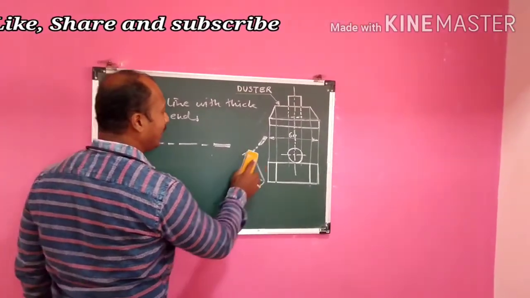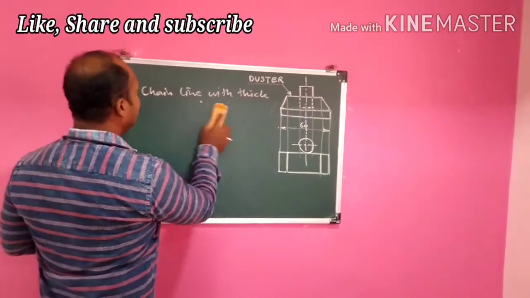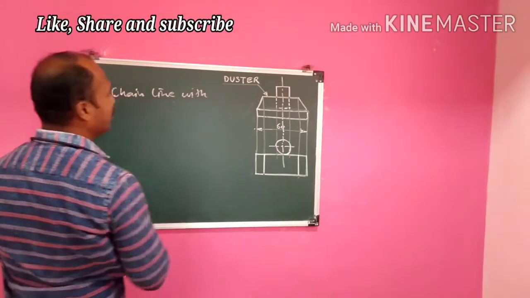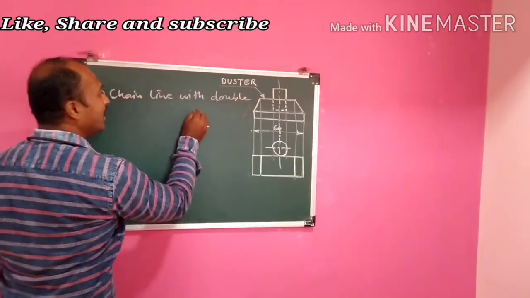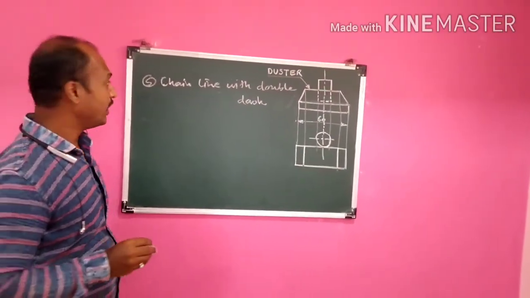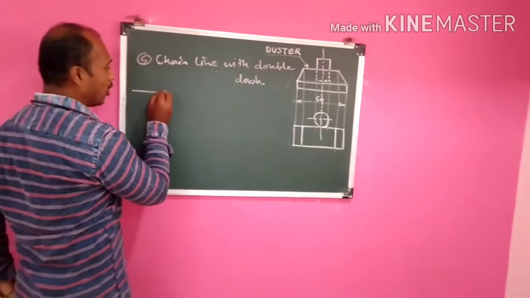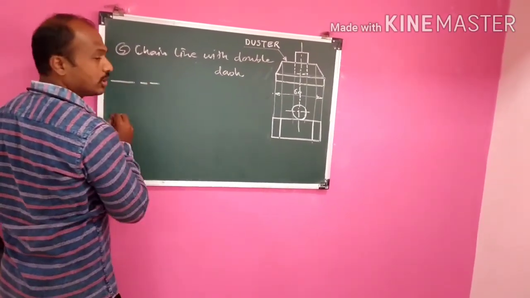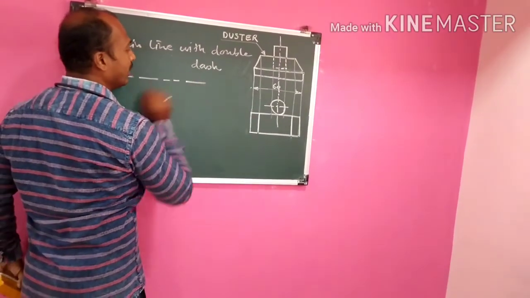Then the next type of line is the chain line with double dash. One more type is there, chain line with double dash. Means what? See, first a longer dash, then two smaller dashes, then a longer dash, then two shorter dashes, like this.